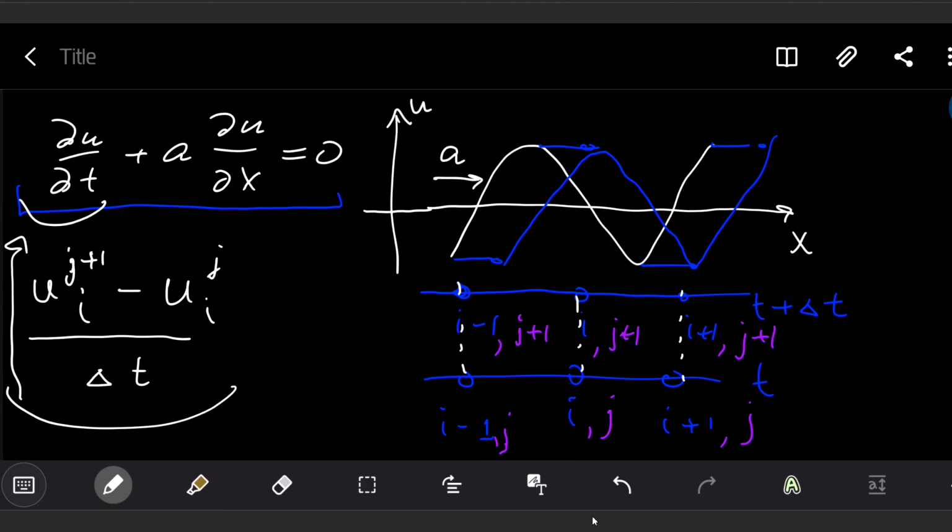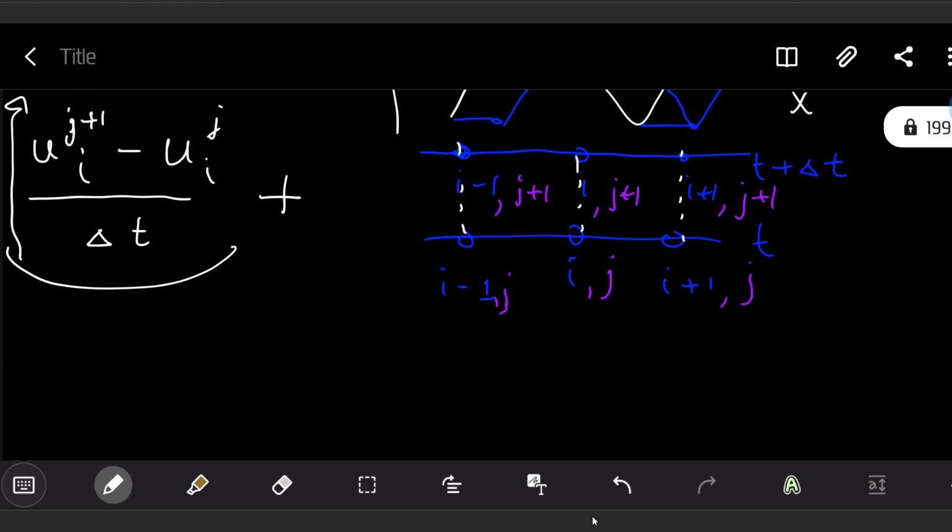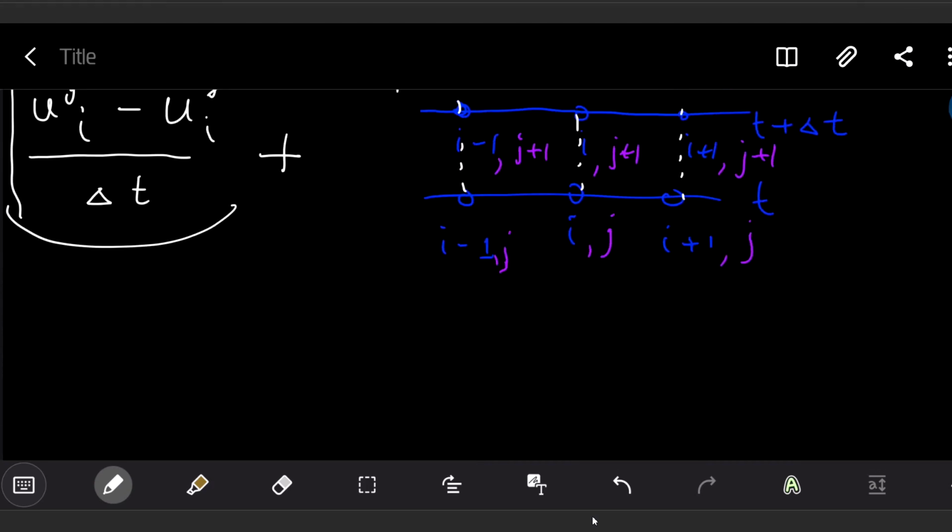Okay. Now I will express the part with the space derivative. I will put it lower because I need more space. So it's a constant a, the same speed of the wave, and inside the brackets I will have my space derivative.